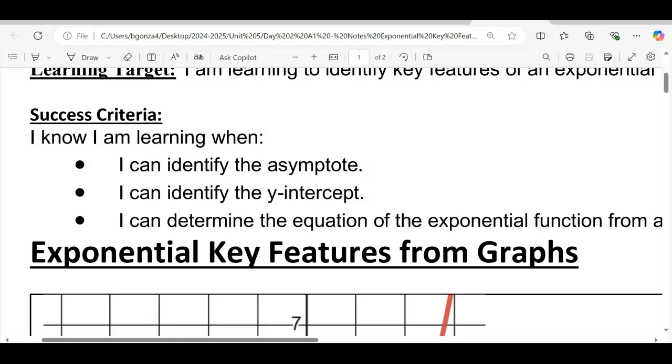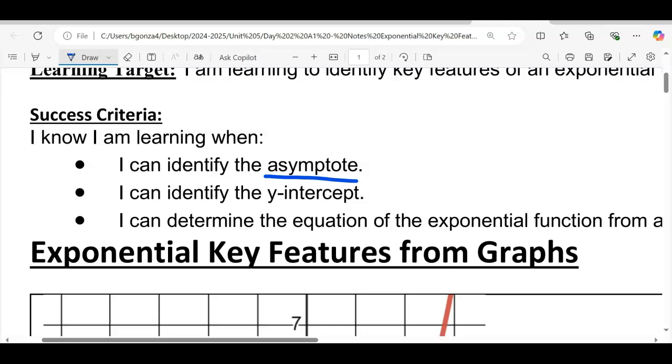What is that word? Y'all seen that word before? How do you think you pronounce that word? Asymptote? Okay, no. The way you say it, the P is silent, like in pterodactyl. Y'all know pterodactyl has a P in it?